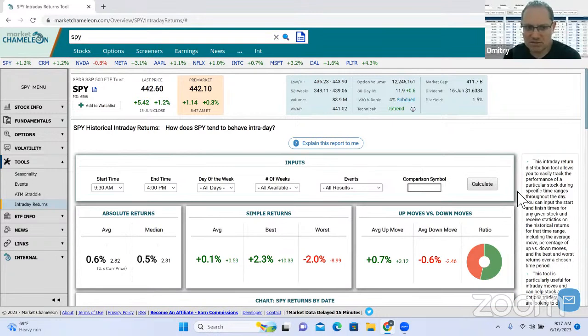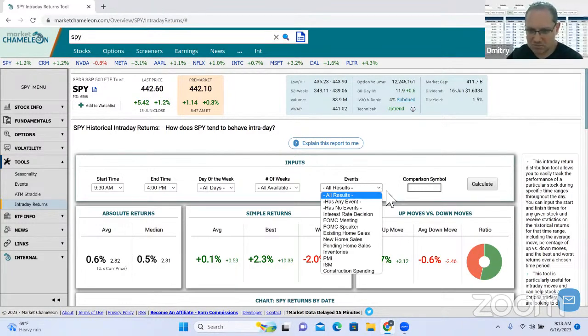So what about an event? What if the Fed's about to announce interest rates, and we want to know, well, how did SPY tend to move right up into that event, or maybe even after? Right. So let's do that. I'm going to pick interest rate decision.